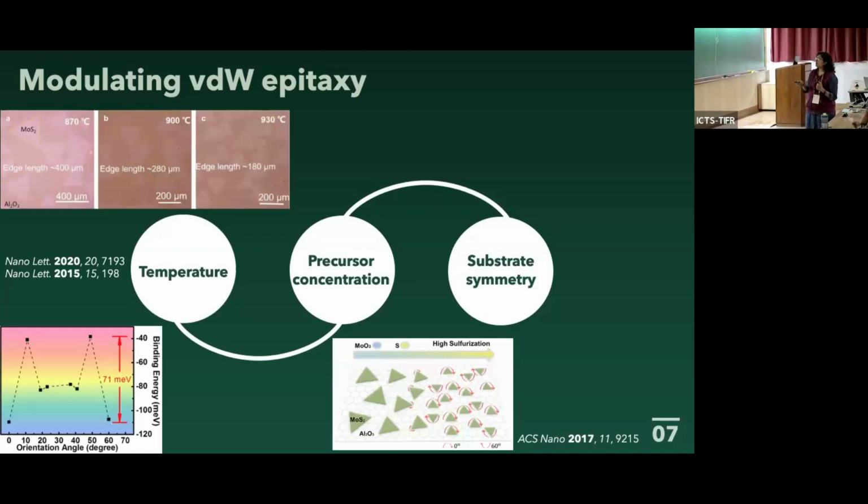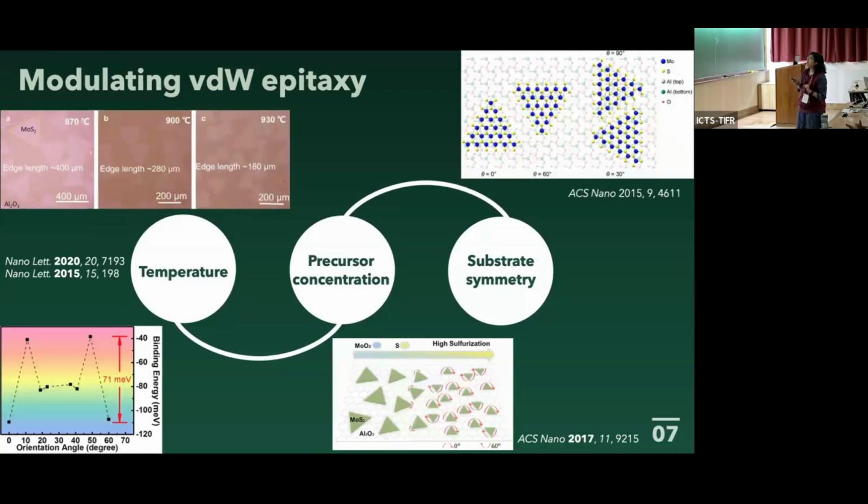This study shows that in the growth of MoS2, if you increase the amount of sulfur precursor, small nuclei form, and these small nuclei rotate and align along the preferential direction, and you get well aligned domains.